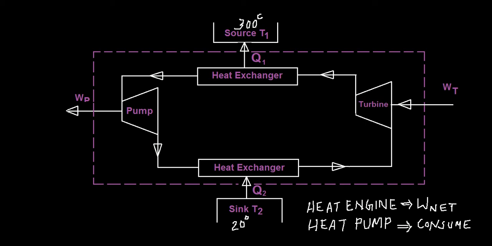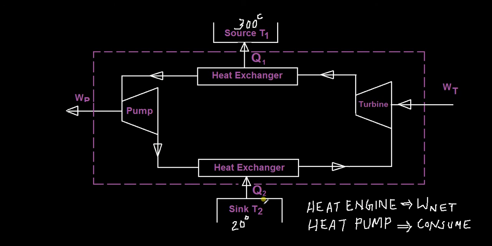So if you imagine the engine of your car, the temperature inside the engine will be 600, 700 degree after the compression, whereas the rejection or the exhaust of your engine will be to the ambient, which is at say 30 degree C. So your car engine produces net work taking heat from a high temperature source, say 600, 700 degree C, and rejects it to a sink of ambient temperature, but it produces net work.